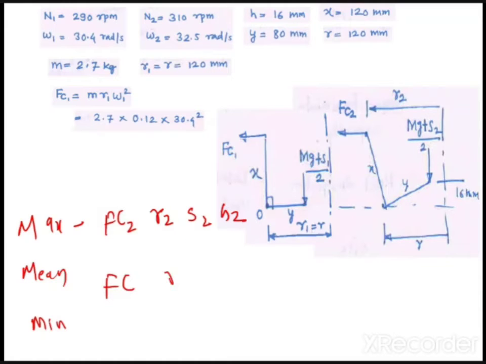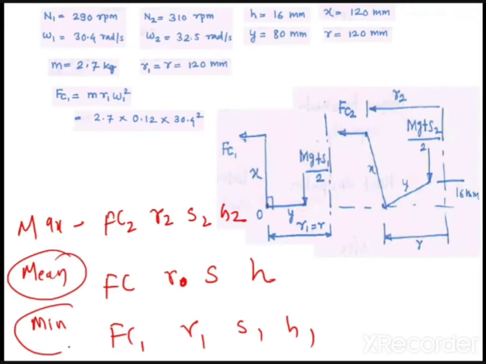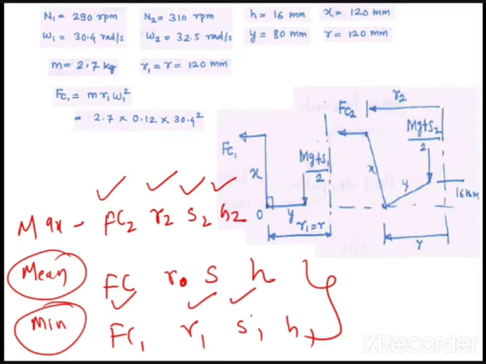Here we have FC, R, S, and H. And here we have FC1, R1, S1, and H1. Now basically this mean and minimum position, these are one and the same. So I have to calculate FC2, R2, S2, H2. Similarly, I have to calculate FC1, R1, S1, and H1. So all these parameters, guys, I have to calculate.